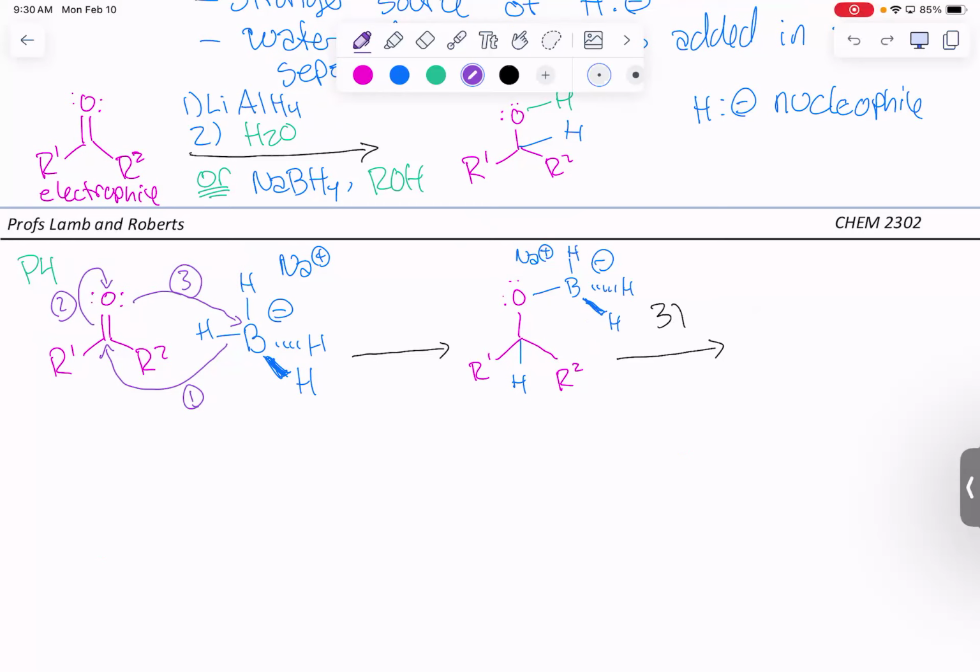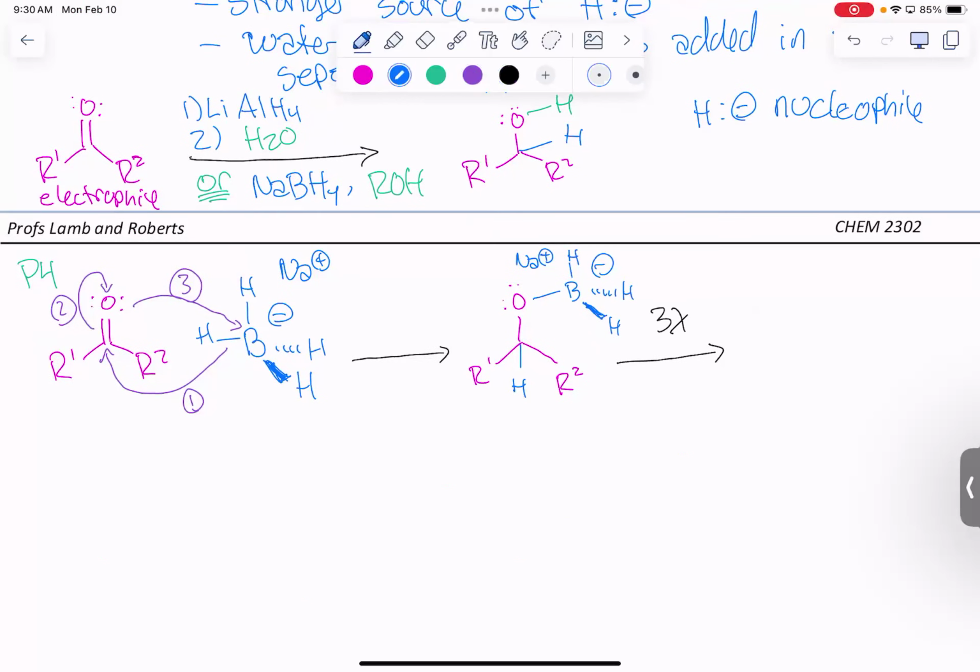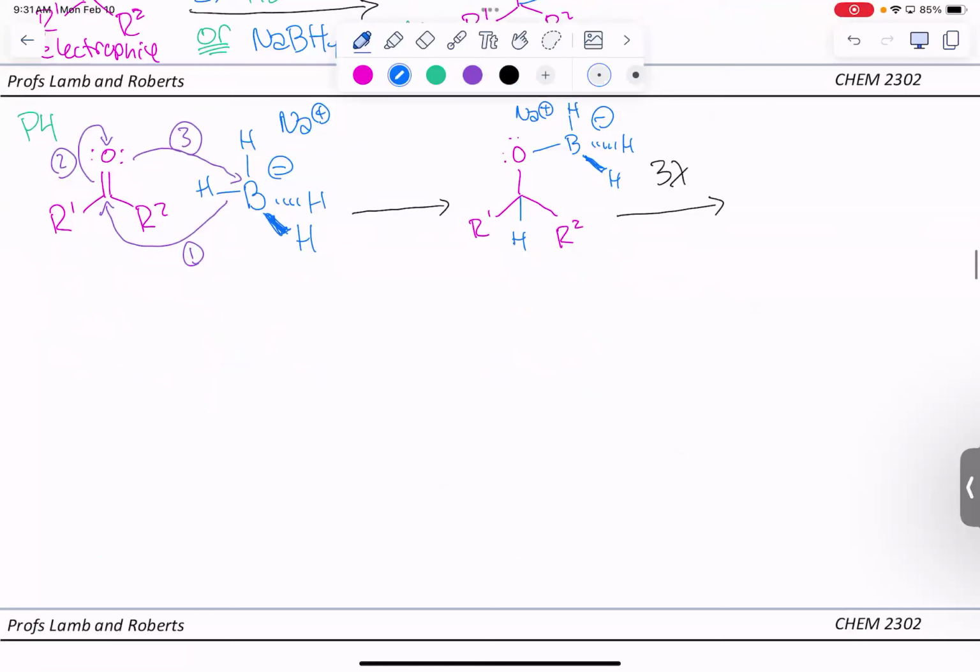And then after 3 times of happening, the product that we're going to get out, I'll draw it down here, is going to be boron that is now bound to 3 equivalents of our alcohol. Right, because this has happened 3 times.